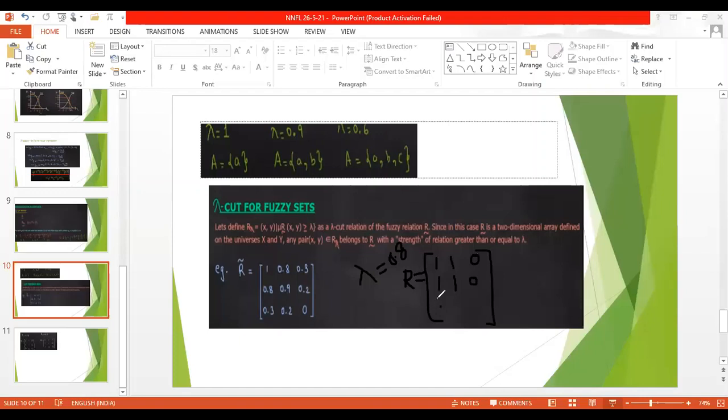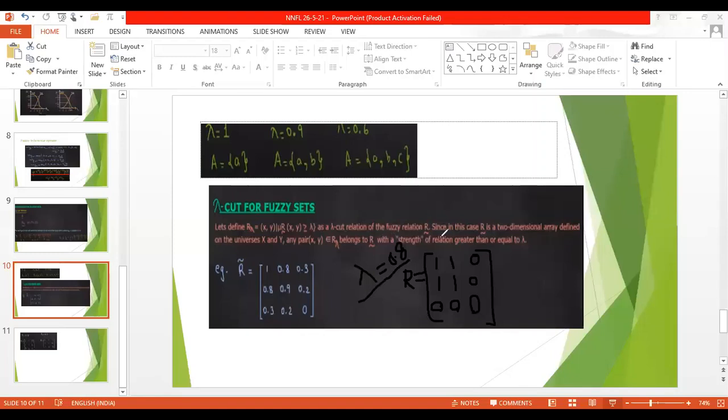Here, very simple. Only thing is you need to identify your membership function values pertaining to that particular lambda value. Okay, so here you are mentioned with lambda is equal to 0.8.